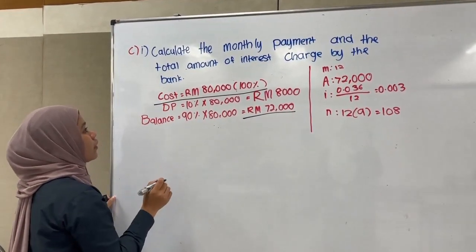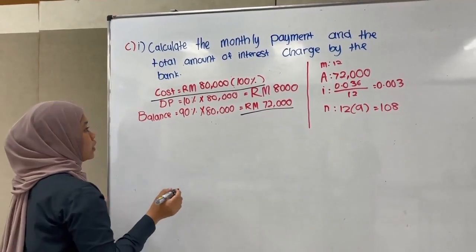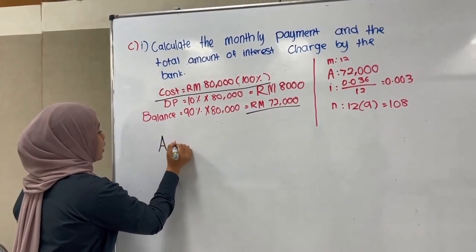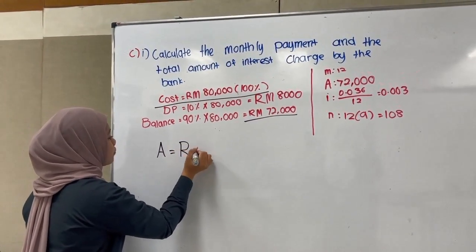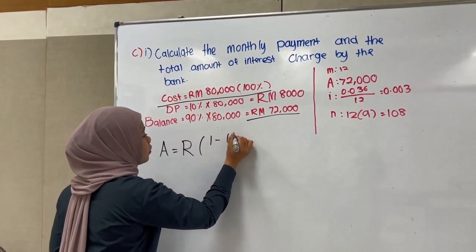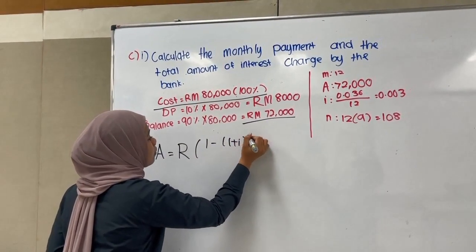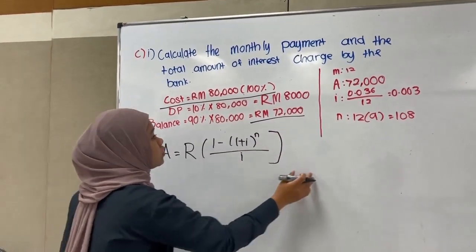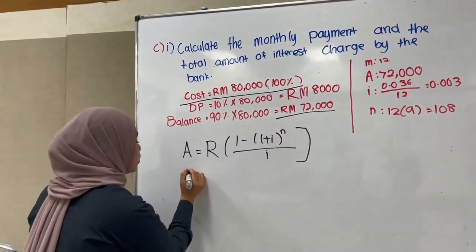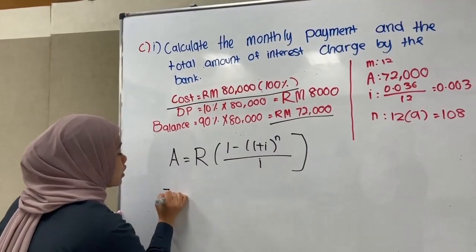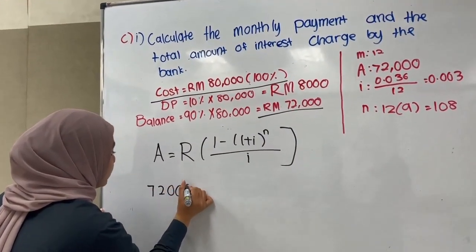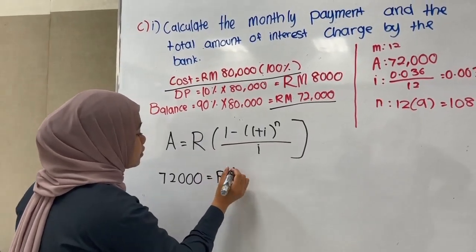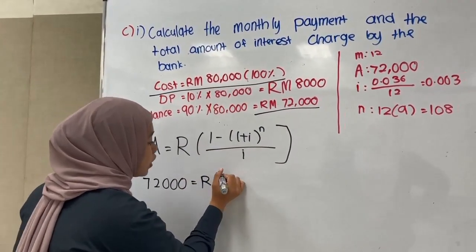In order to find the monthly payment for Nisha's car, we have to use the formula A = R[1 - (1 + i)^-n]/i. So all the information is here, so we have to put it in. So A is equal to 72,000, the balance, equal to R. R is the monthly payment that she needs to pay.